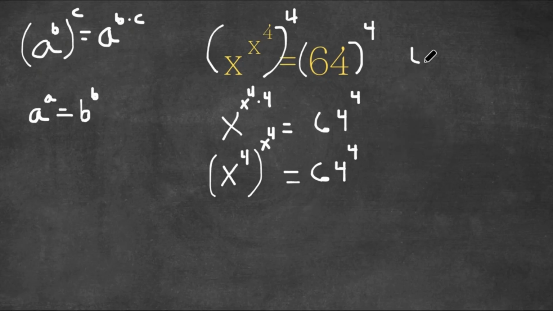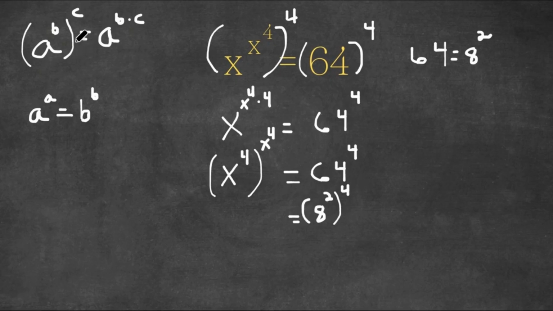So 64, this is equal to 8 squared, right? So we're going to replace 64 over here with 8 squared. So we're going to have 8 squared to the power of 4.